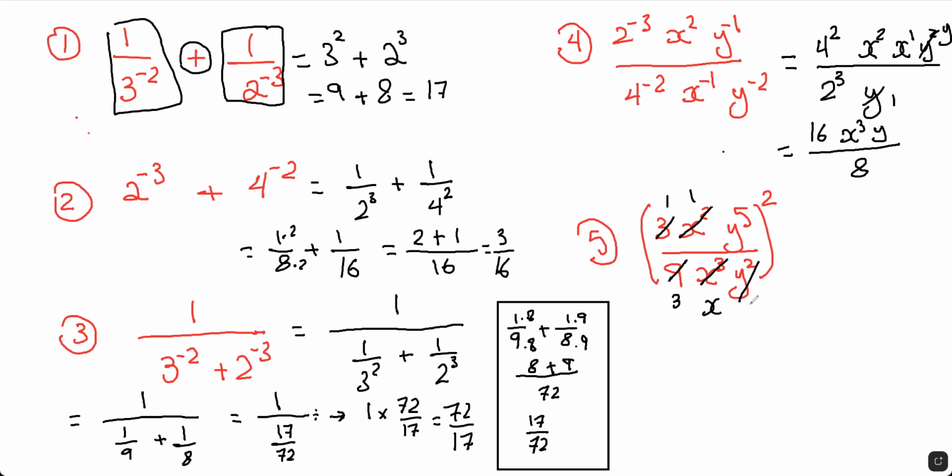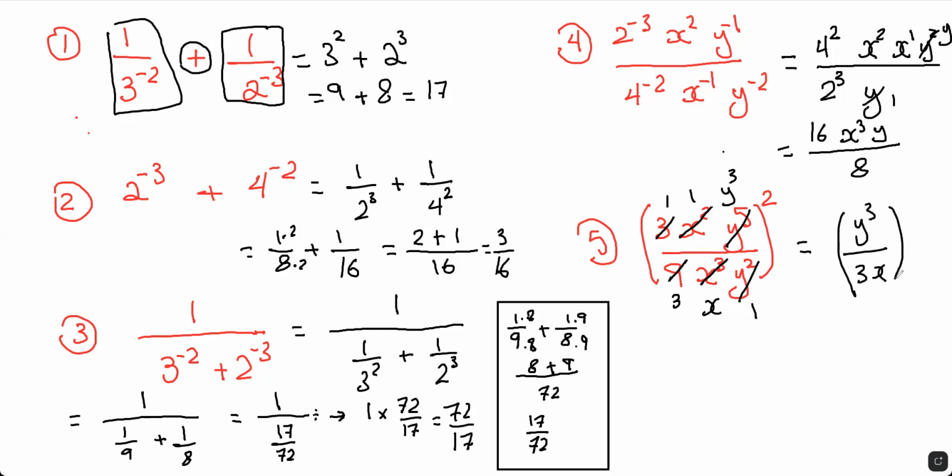Y squared divided by y squared gives you 1, y to the 5 divided by y squared, y cubed. So when I say it goes into itself once or divide by itself once, dividing is the same as goes into itself. Okay. Now, if you look at what we have now, this question became a lot easier. It became y cubed on top over 3x on the bottom, because 3 times x times 1 is just 3x.